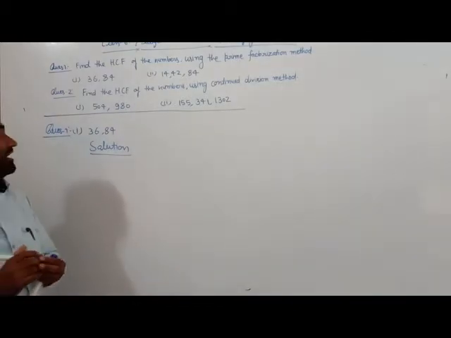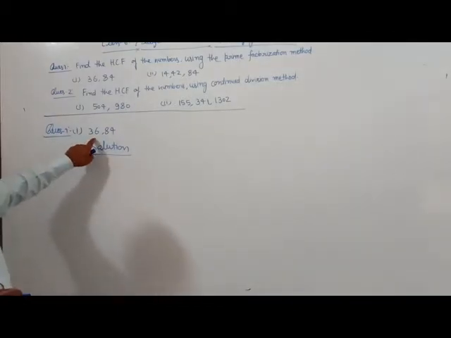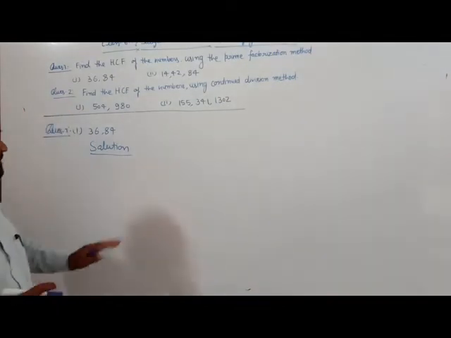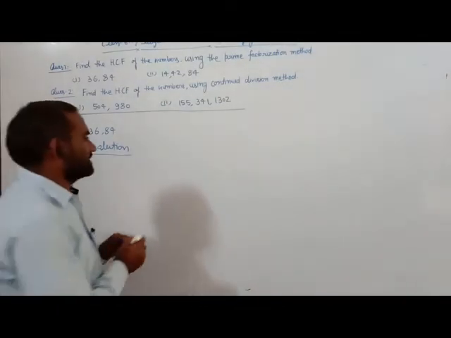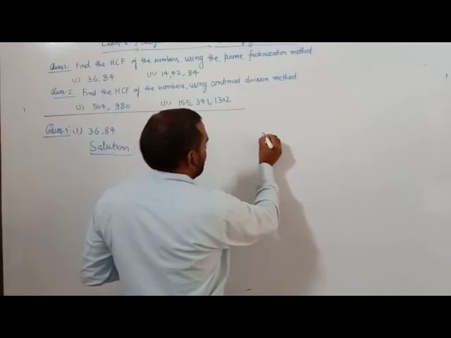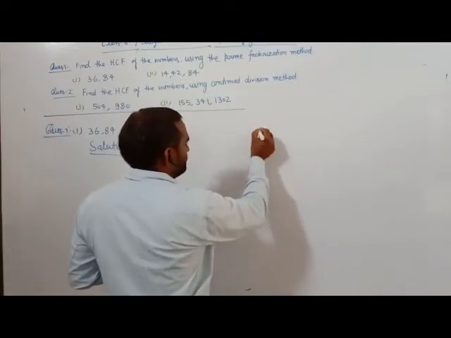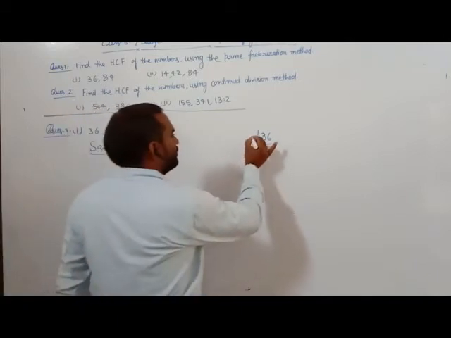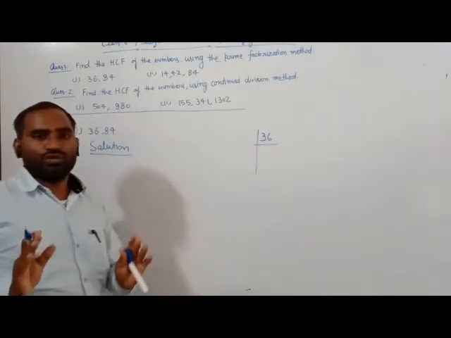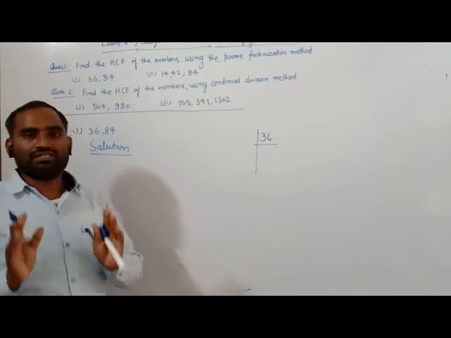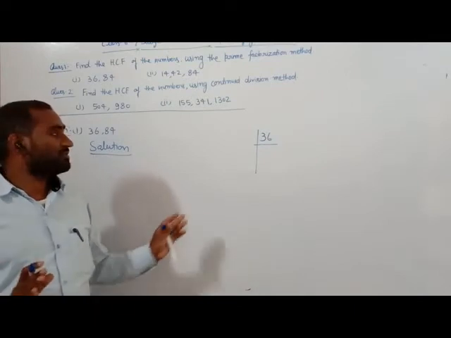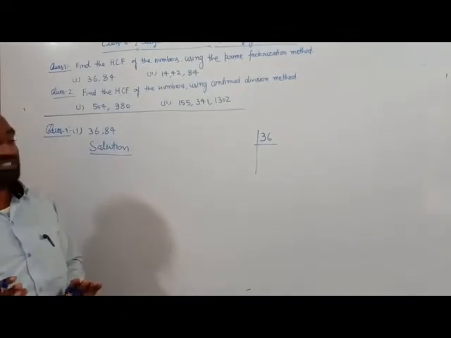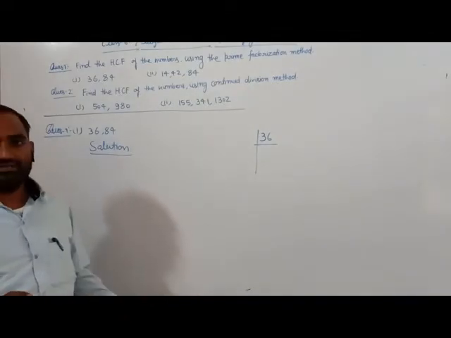First of all, we have to factorize 36 and 84. So let's factorize 36. It is divisible by 2, because all of you have studied the divisibility of different numbers, so there is no need to explain that again and again.